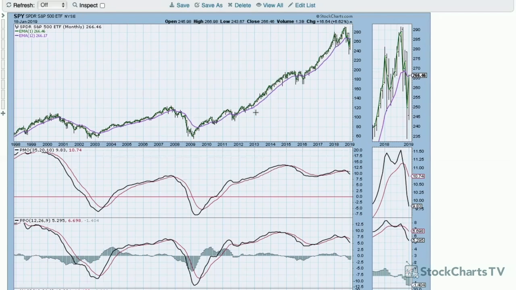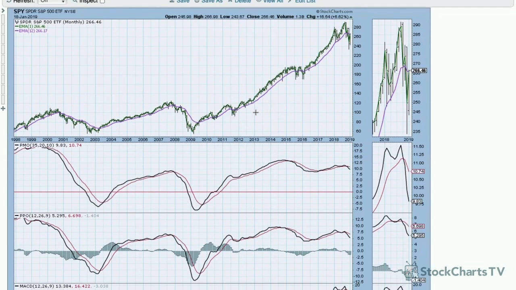So this is a positive thing, because in a healthy market, the small caps will do well versus the big caps. It's when the small caps start stalling and slowing down that you start looking for problems.